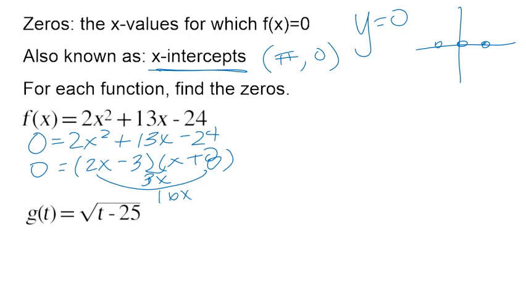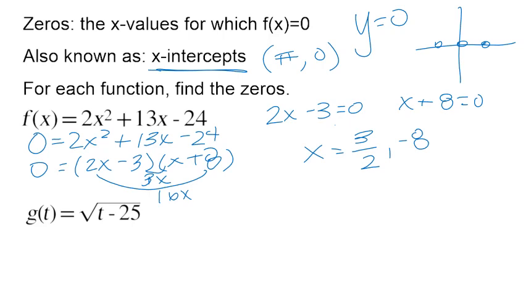So then I would go ahead and set each of those pieces equal to 0. 2x minus 3 is equal to 0. x plus 8 is equal to 0. So x would equal, if I add 3 and then divide by 2, 3 halves, or x would equal negative 8. Okay, so the zeros are 3 halves and negative 8.